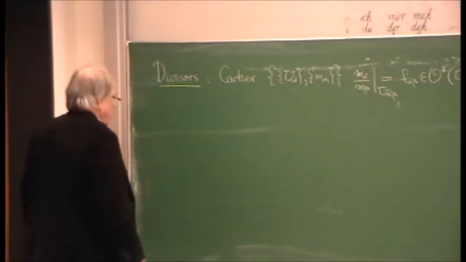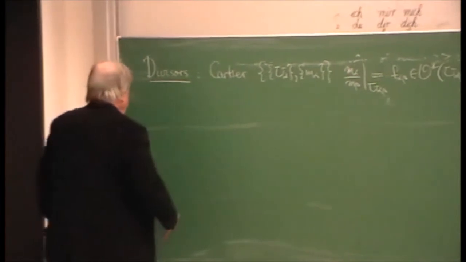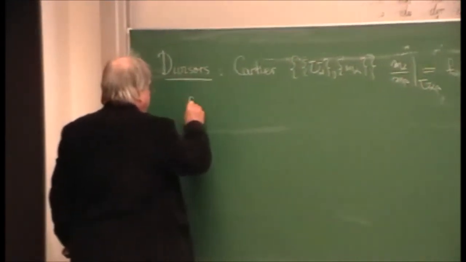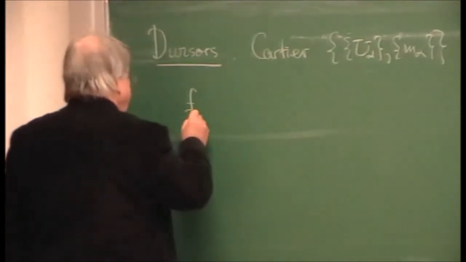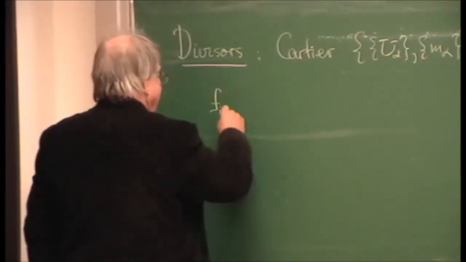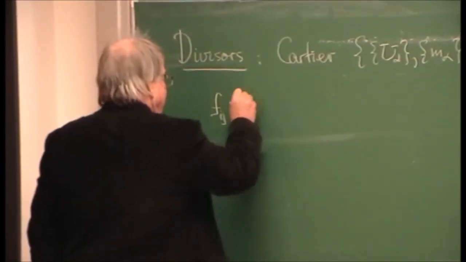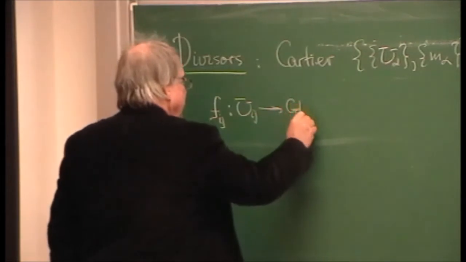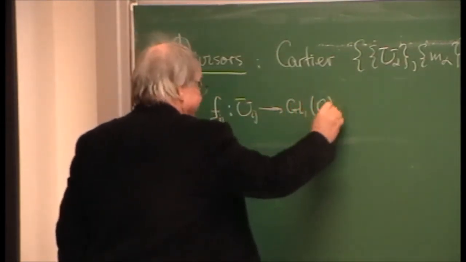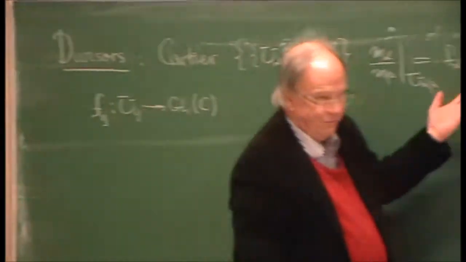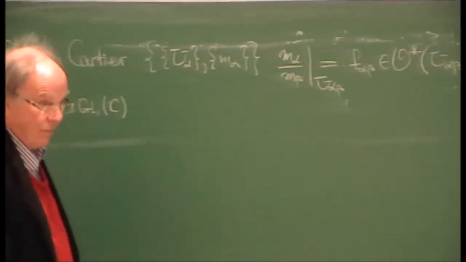Okay. So please notice the obvious fact. F alpha beta, now I'll change to the notation this morning, say f_ij, is a mapping from U_ij to GL1(C). It's a holomorphic function which doesn't vanish. Right?